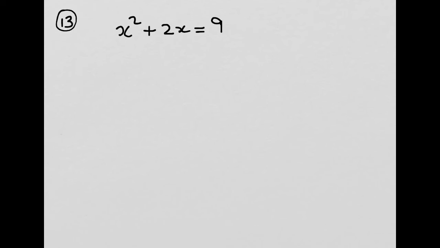Question 13, solve this. X squared plus 2x, bring the 9 over, is equal to 0. A must be 1, B must be 2, C must be negative 9.